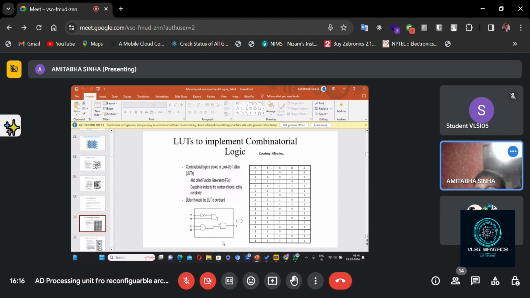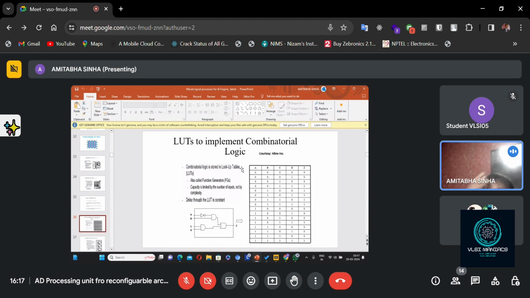So it is basically a network of logic blocks. This network of logic blocks can be implemented by a number of memory chips or memory units, and these memory units will be interconnected.